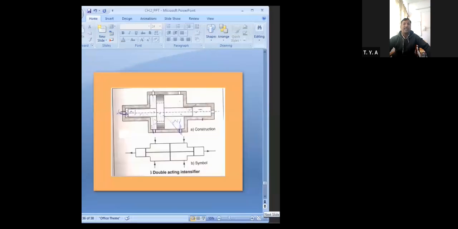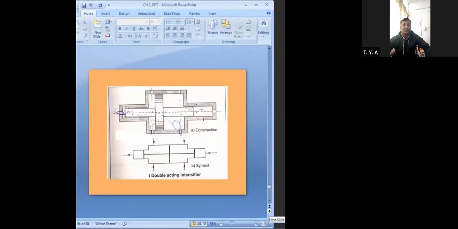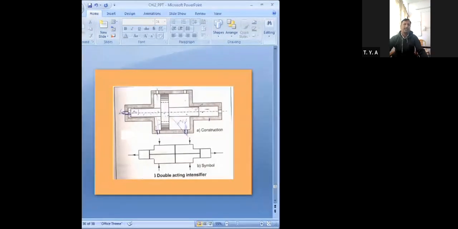I will show the double acting intensifier also. This side you will get the outlet. You can see we have this port. From these ports you can take low pressure fluid, and from these two ports you can discharge a high pressure fluid. So this is a double acting intensifier.